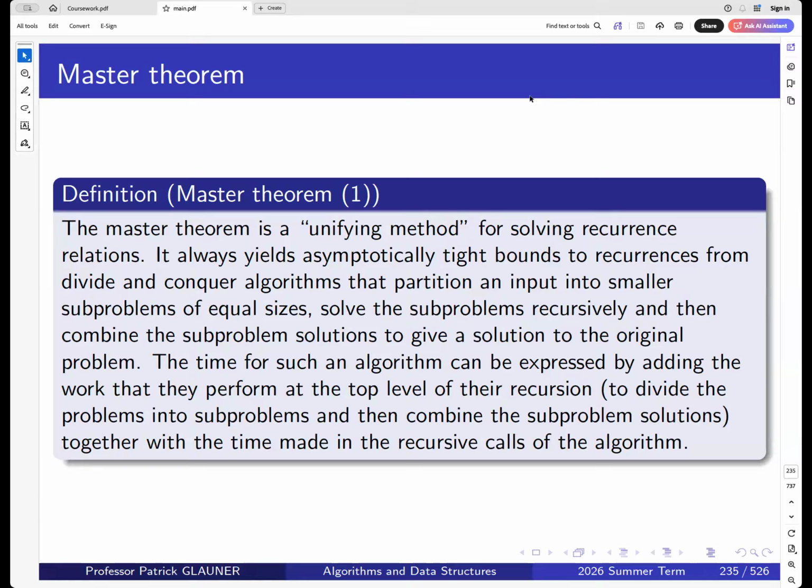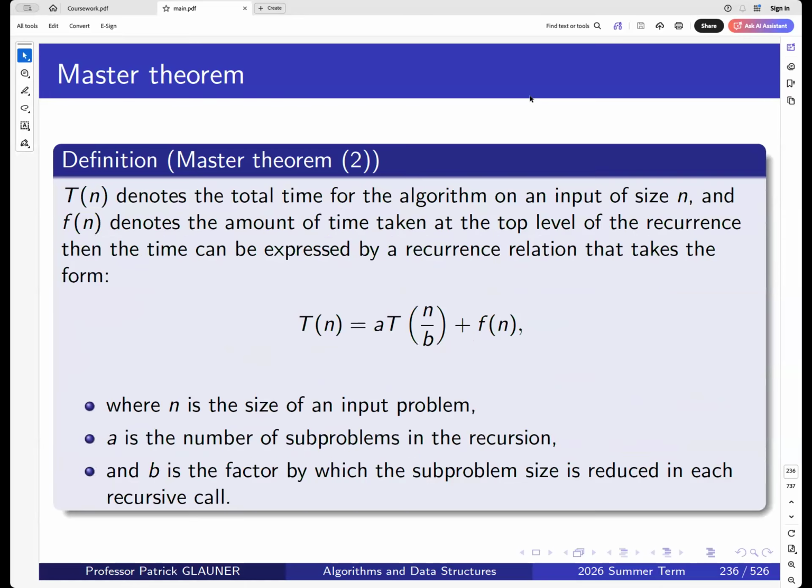It's more a structured approach of what we need to do rather than trying to find a pattern and so forth, because finding this pattern may be quite challenging for various recurrence relations. And maybe for some of them, we can use this master theorem.